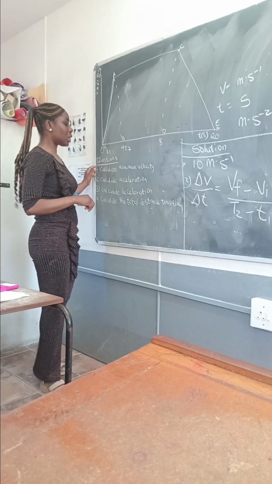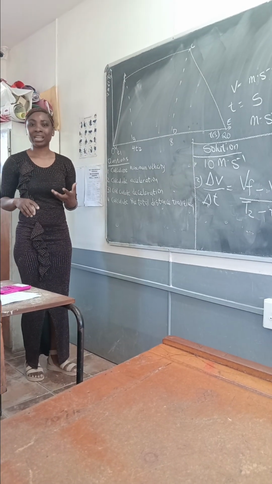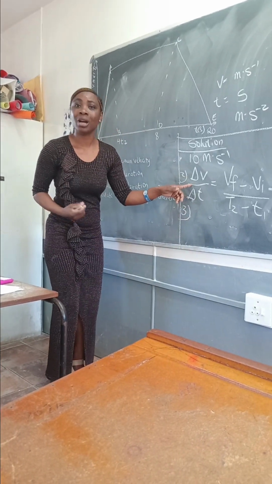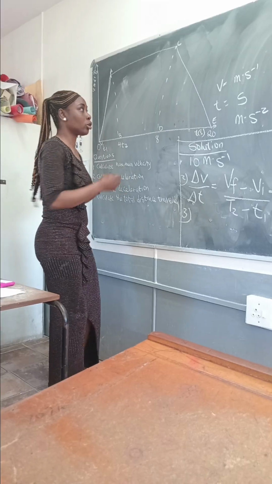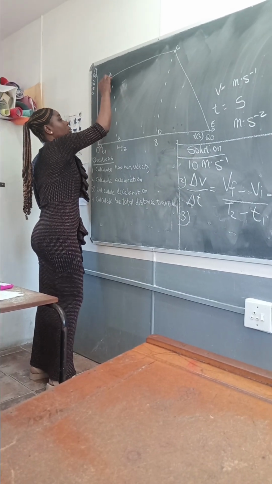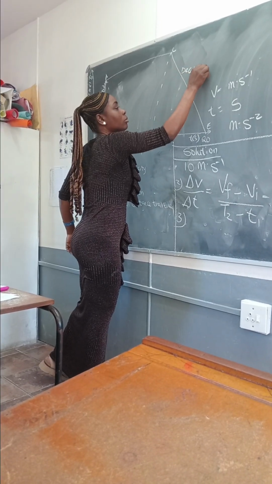Now, we're going to look at question number 3, which says, calculate the acceleration. We're also going to use the same formula for calculating acceleration, because here is acceleration at this point.